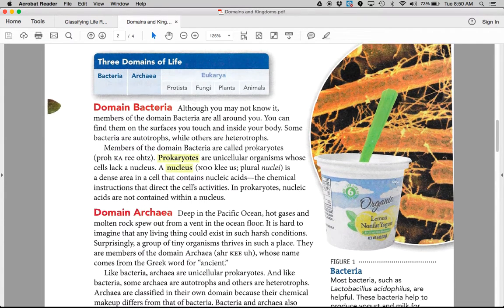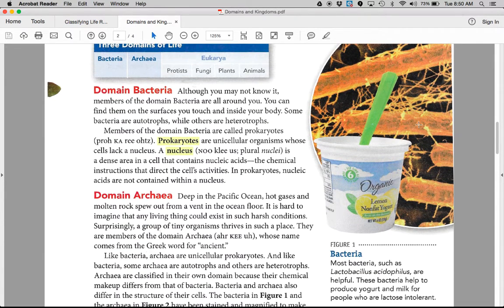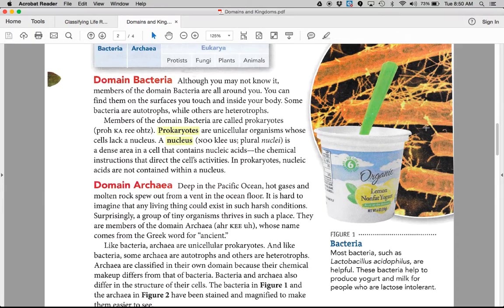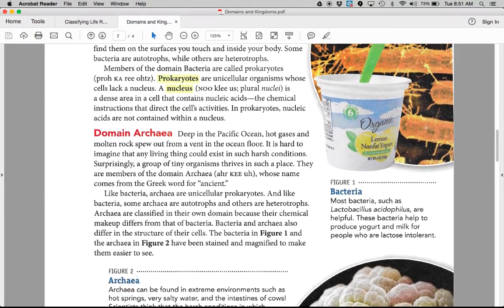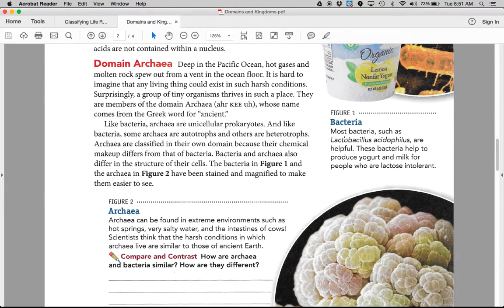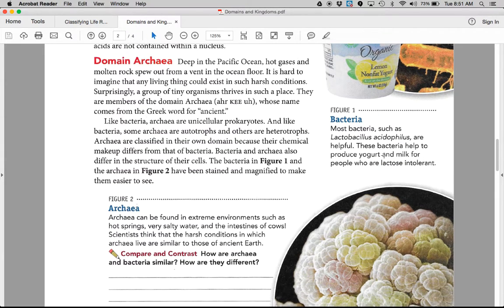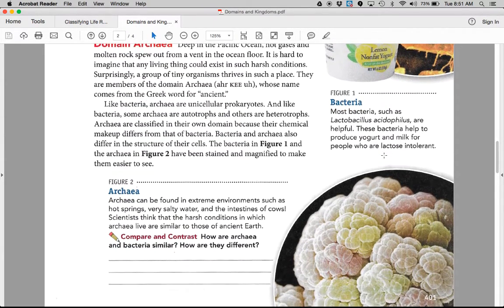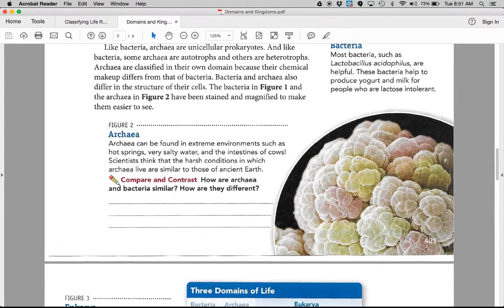It contains this bacteria, which, by the way, may look gross and nasty to you, but this is necessary for our body to function. We need this bacteria in our body. And then it says Figure 1, most bacteria such as Lactobacillus acidophilus are helpful. These bacteria help to produce yogurt and milk for people who are lactose intolerant.